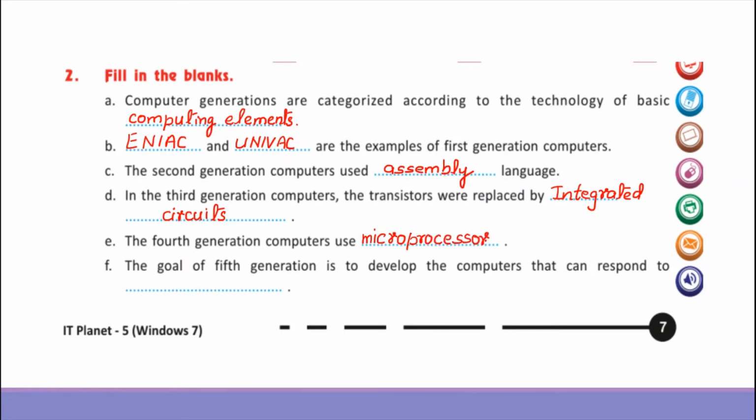Now see the last fill up. The goal of fifth generation is to develop the computers that can respond to natural language. Right here in this fill up, natural language.